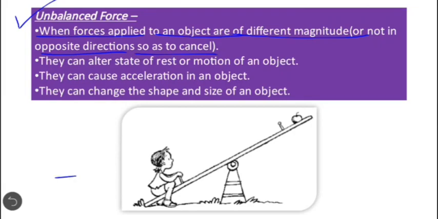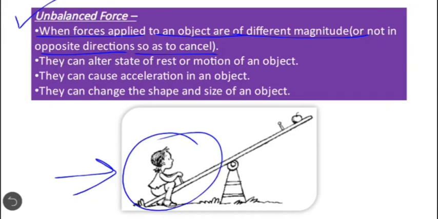Let's see this diagram. There is a boy who has more weight than the apple. This is the condition of unbalanced force, because there are two forces but they are not equal in magnitude.